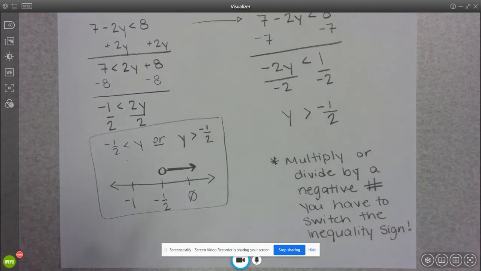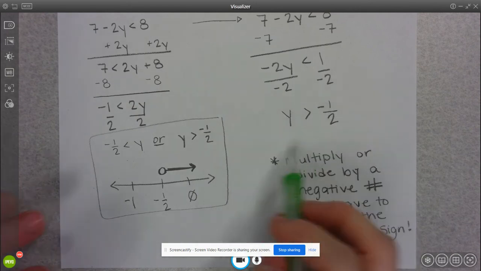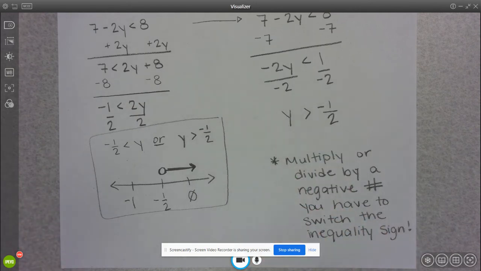That's essential because I am changing the value of the numbers I've been dealing with. So I have to also then change and manipulate the inequality sign.